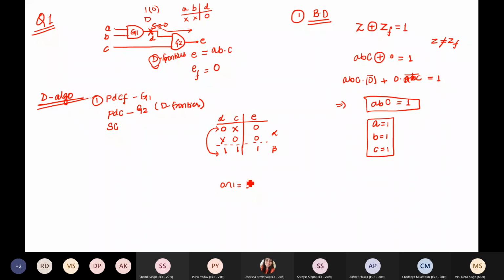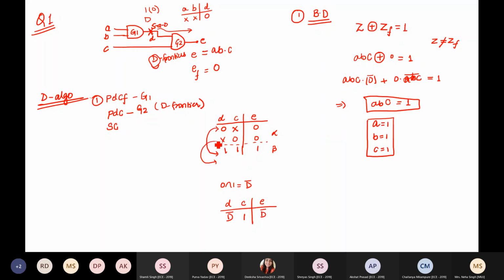D or D bar, these are interchangeable. So 0 intersection 1 is D bar. Therefore, I write the PDC as this is D bar. Then X intersection 1 is 1.